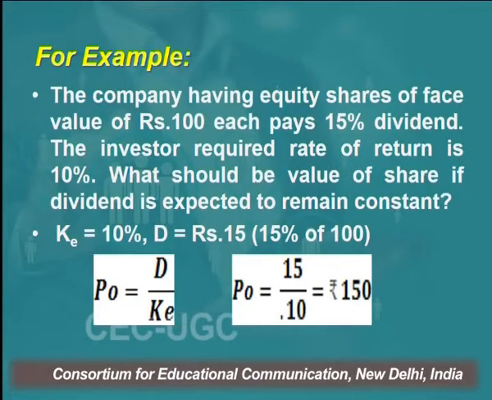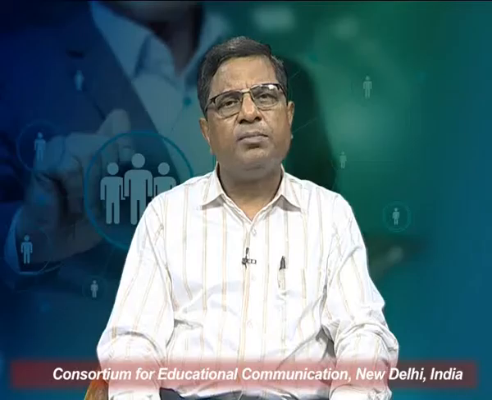Let us explain with an example. The company has equity shares of face value 100 rupees each and pays 15% dividend, right? It means year after year, the company will pay 15 rupees dividend. Each share is of 100 rupees, the dividend percentage is 15%, so year after year the company will give 15 rupees dividend.